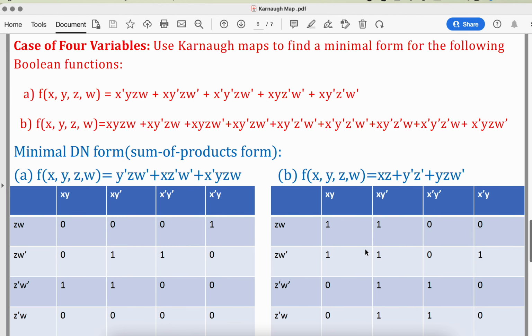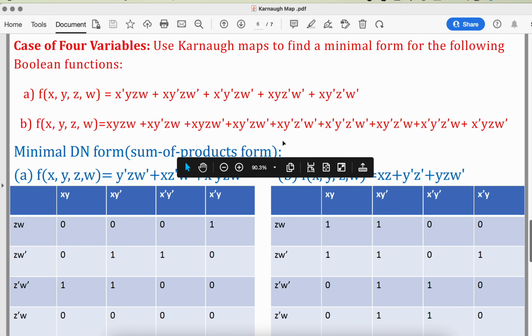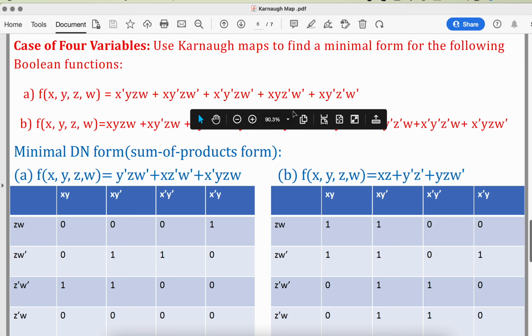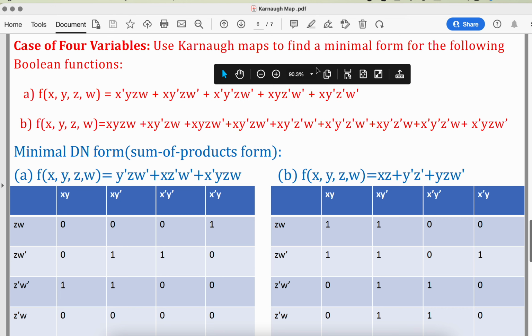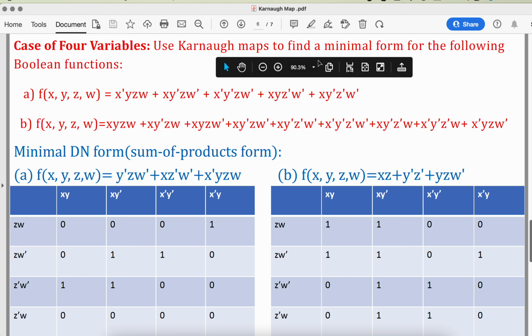Now the case of 4 variables. Here in the 4 variables we have to find the minimal form using a Karnaugh map. So the first question is x dash y z w, x y dash z w dash, x dash y dash z w dash, x y z dash w dash, x y dash z dash w dash.